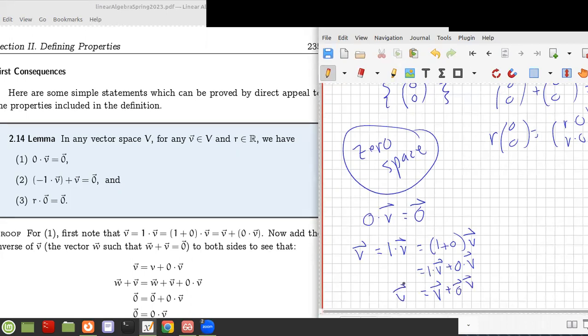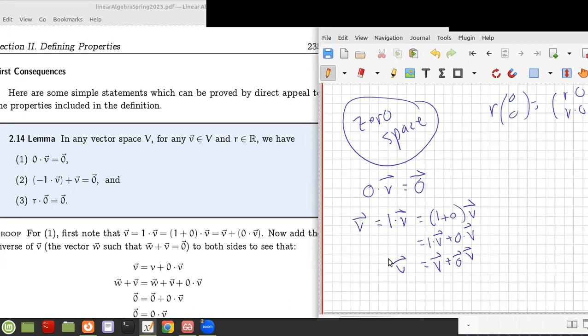So I've shown here, just using these properties, that for any vector v, v equals v plus 0 times v. Sorry, this is 0 times the vector v. The point of this rigmarole was to get this thing in place.